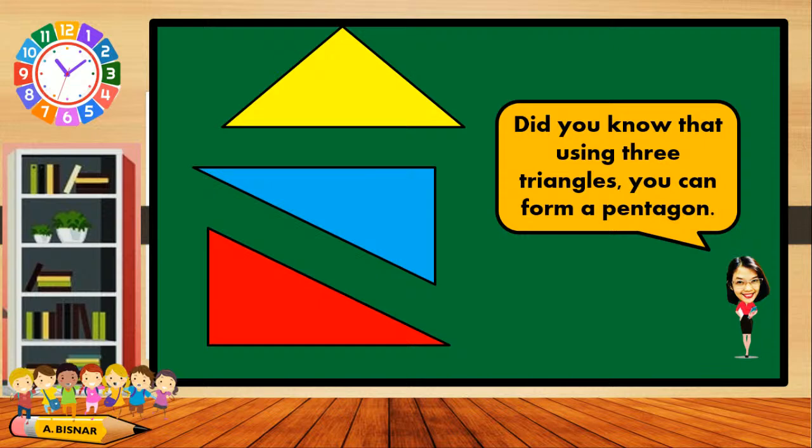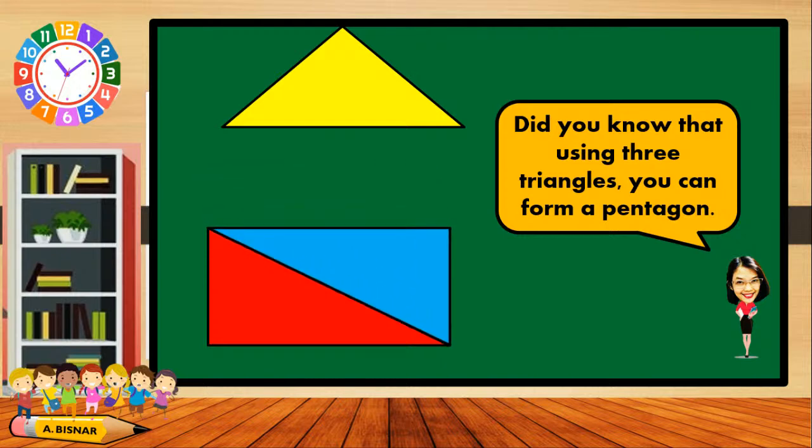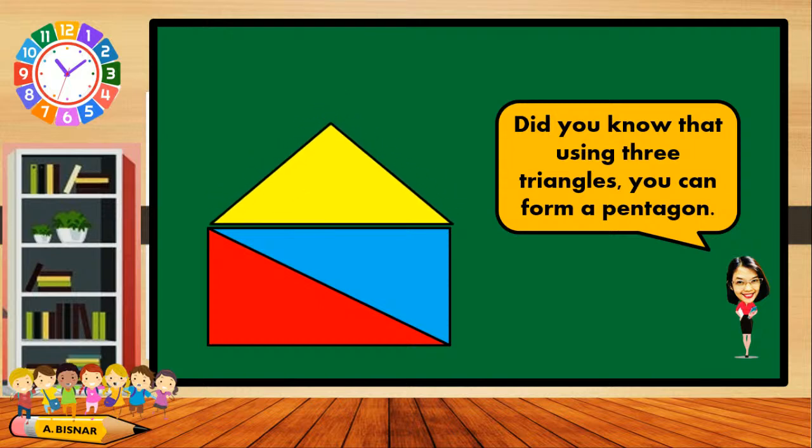Okay? So, in here, we can make a pentagon. Yan. So, ayan ha, parang bahay. Now, as you observe, we've used triangles to form a pentagon. So, as you observe, we already have 5 sides and 5 angles.